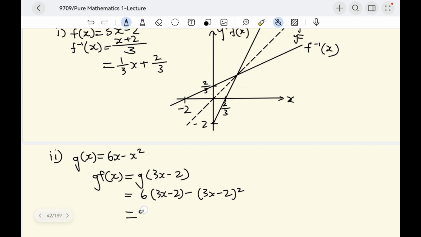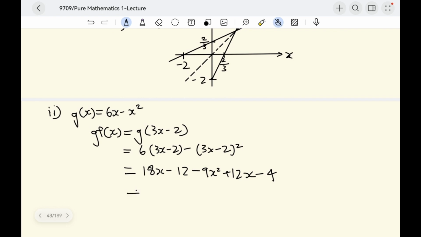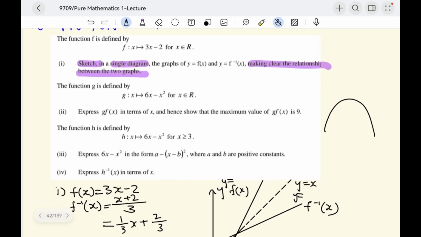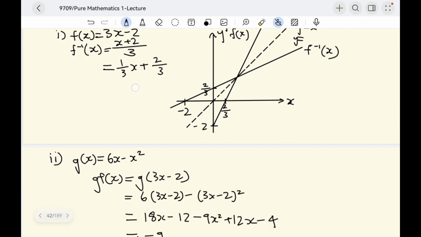So here I have 18x minus 12 minus 9x squared plus 12x minus 4. And then rewrite in the general form before converting to vertex form, for you to more easily work out whether the maximum value is 9 or not. Just do the verification by workings.